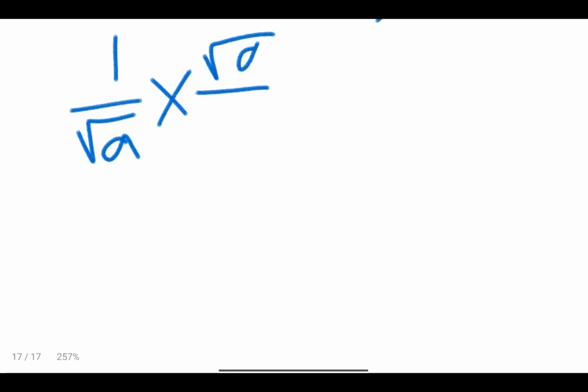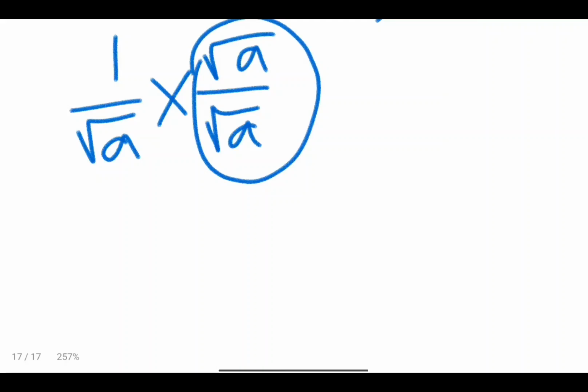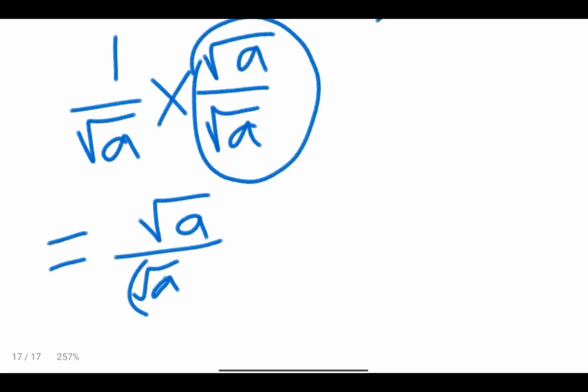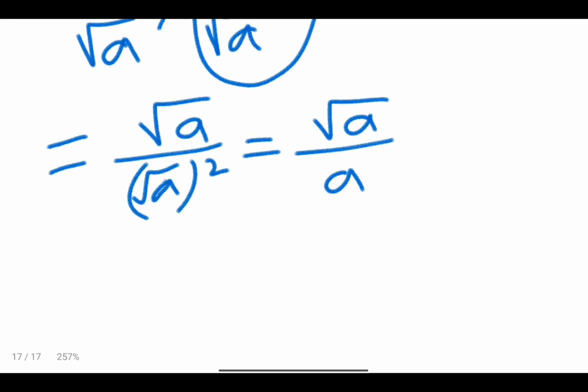This is the so-called 1, this thing, because it equals 1. But when we multiply it like this, we get a very interesting this, which turns to this thing. And now we don't have a root in the denominator, which will be helpful for us.